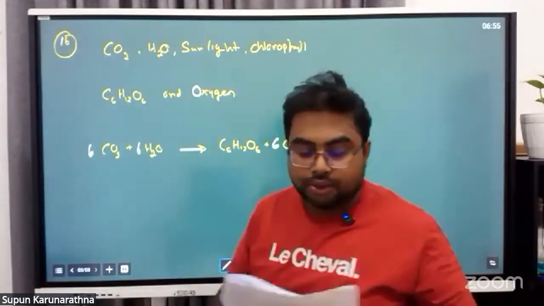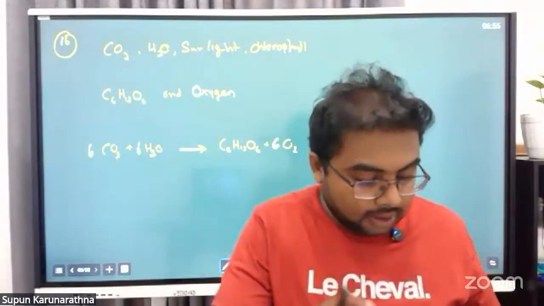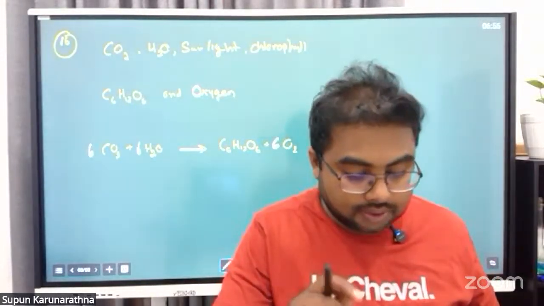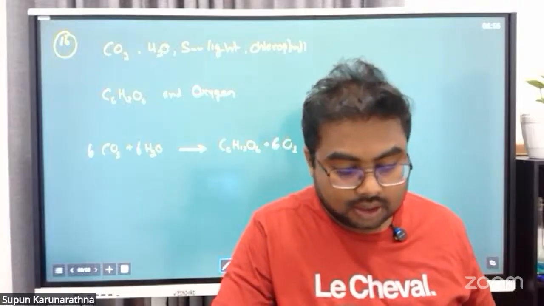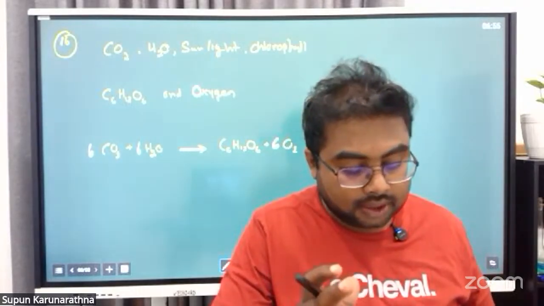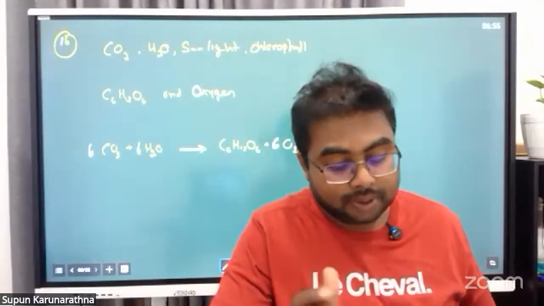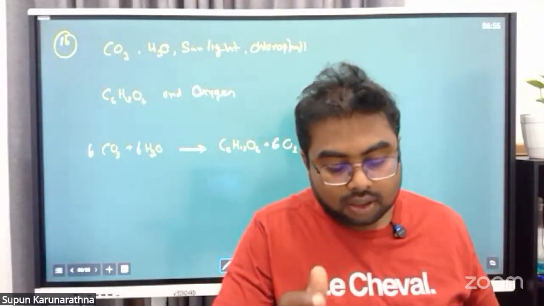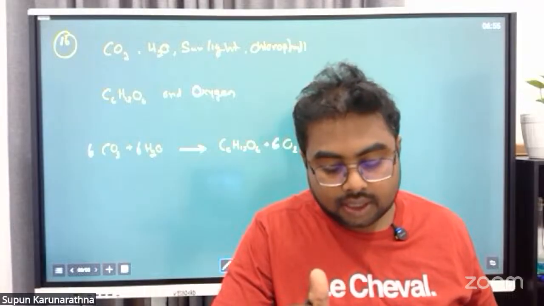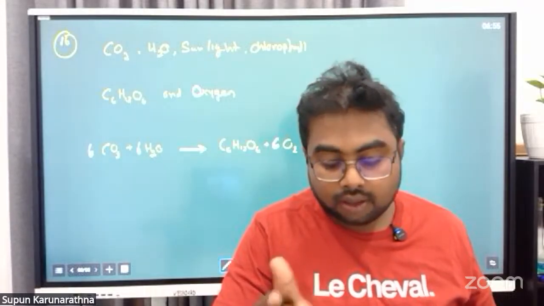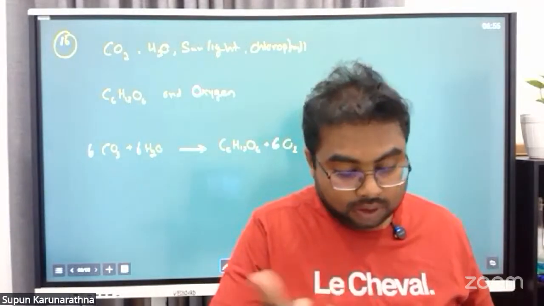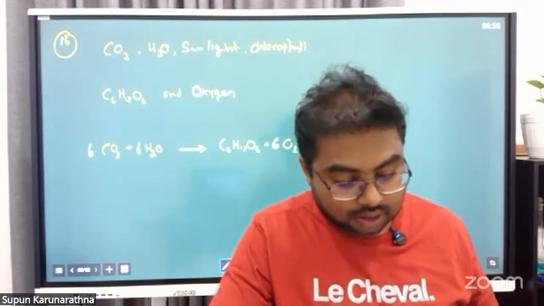Got the idea? The question asks, given below are some answers, select the factors needed for photosynthesis. The first statement is wrong, because carbon dioxide is required, but oxygen is not required. Second one, chloroplast, carbon dioxide required, oxygen not needed. Oxygen is a product of photosynthesis.